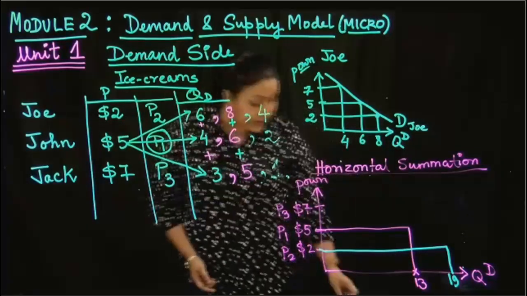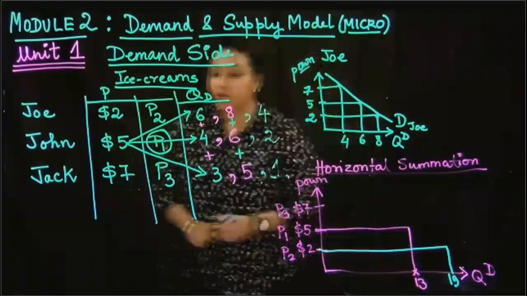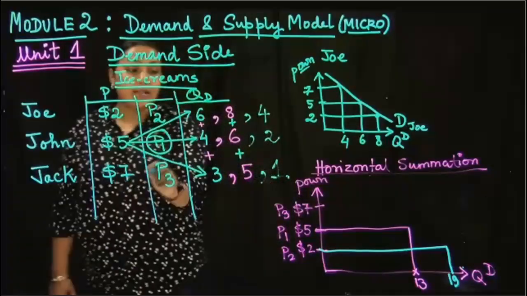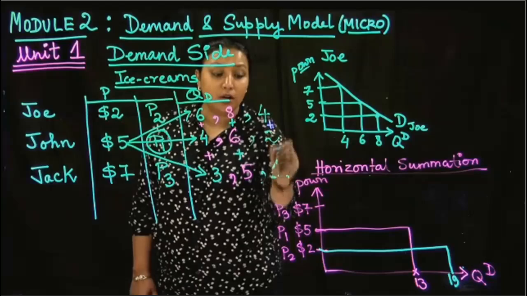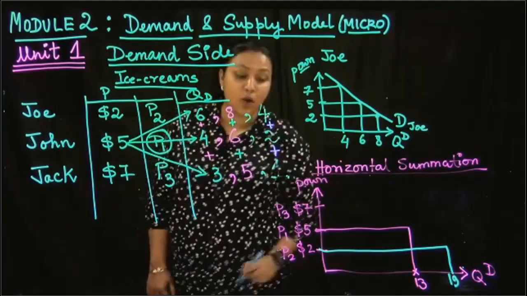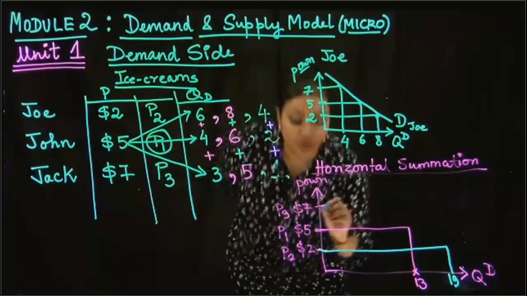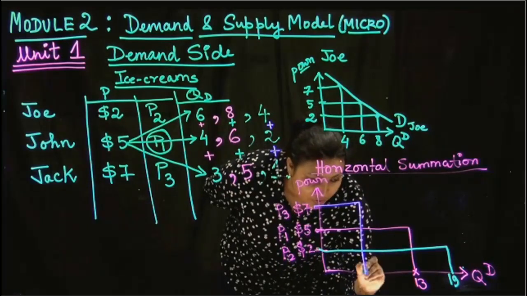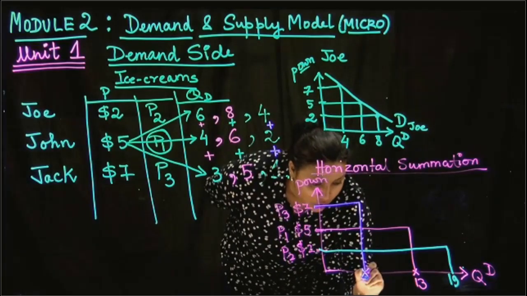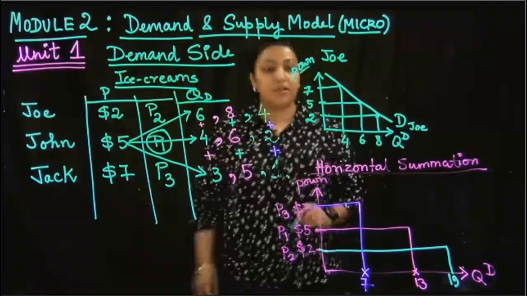And if I look at another price point, which is $7, at $7 these three buyers buy 4 plus 2 plus 1, which is 7 ice creams. So at $7 all buyers of ice creams in this market together demand 7 ice creams.